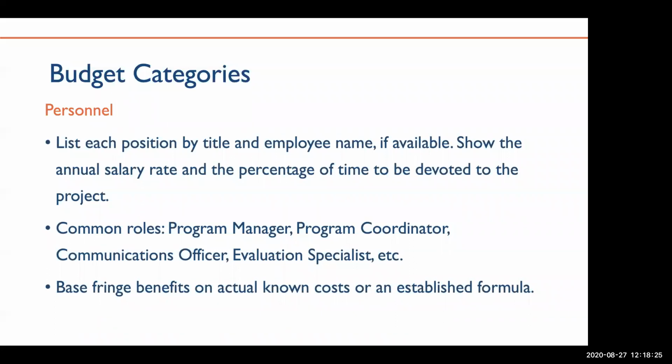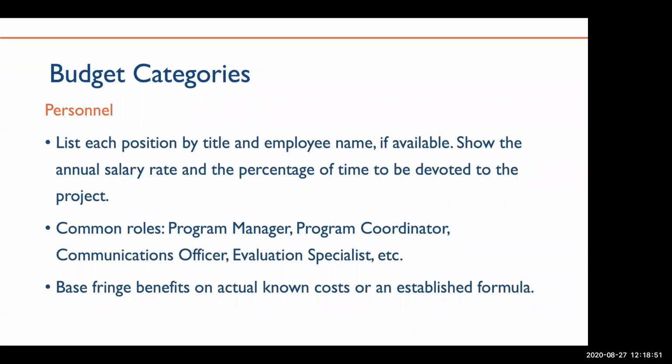Great. So through these next few slides, I'm going to detail some budget categories, including typical costs that fall underneath each category, as well as some other items to keep in mind while budgeting for these categories. So first off is personnel. For staff working on the proposed project, we expect to see each staff member listed by title and employee name if applicable.